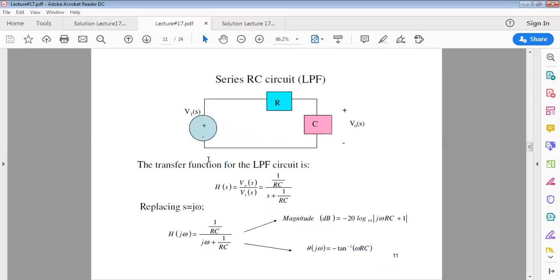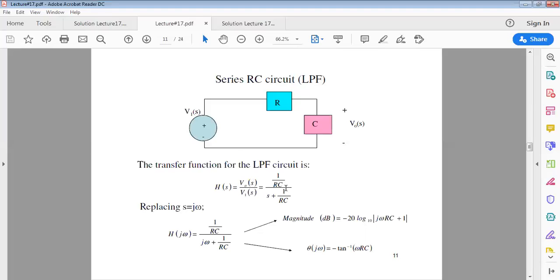But for the RC circuit, the output voltage is measured across the capacitor. So from this placement of the output voltage, the transfer function for these filters can be calculated to look like this.